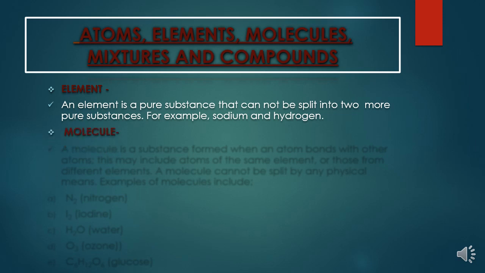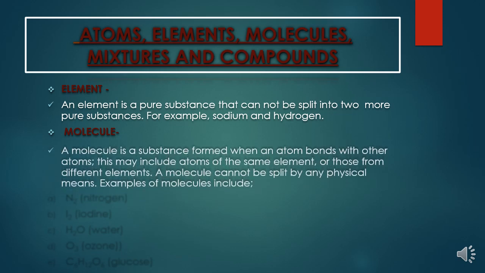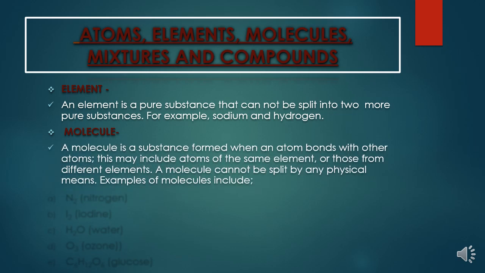We also have what we call a molecule. A molecule is defined as a substance formed when an atom bonds with another atom. So what happens here is that you can have atoms of the same element or atoms of different elements. As long as these atoms are bonded together, they make up a molecule. Let us give an example of nitrogen.